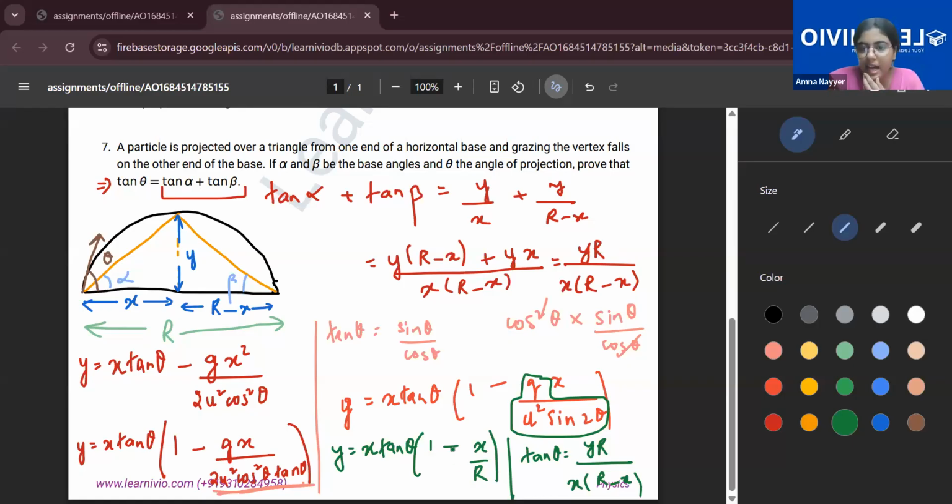When I want the value of tan theta, this denominator's r will be multiplied to y. X will get divided and this r minus x will also get divided. So I'll get this. So tan theta is equal to tan alpha plus tan beta, proved. Now you got this question. Yes, ma'am. Okay.